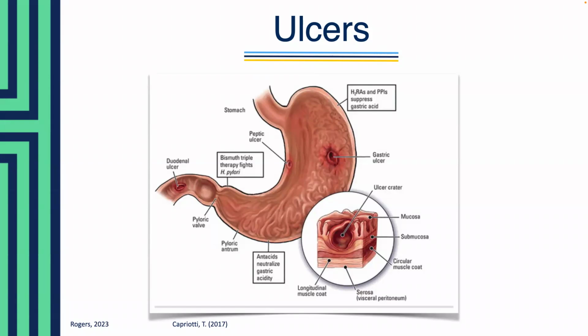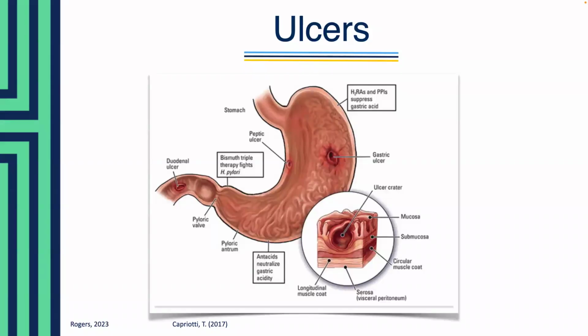All right, those high acid levels overwhelm the protective mechanism in the stomach and the duodenum, and that's what leads to the development of severe peptic ulcers in the stomach, the duodenum, and potentially the jejunum as well. Symptoms include abdominal pain, diarrhea, reflux, and poor appetite from the excess acid production.